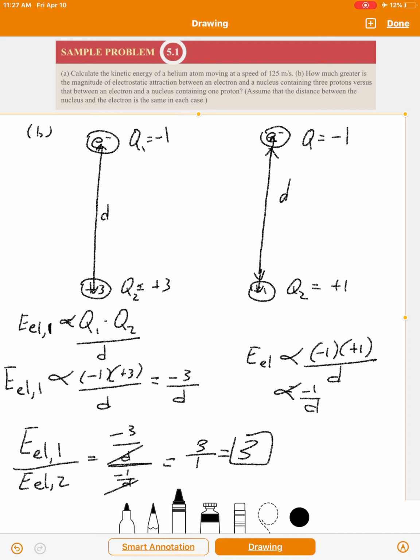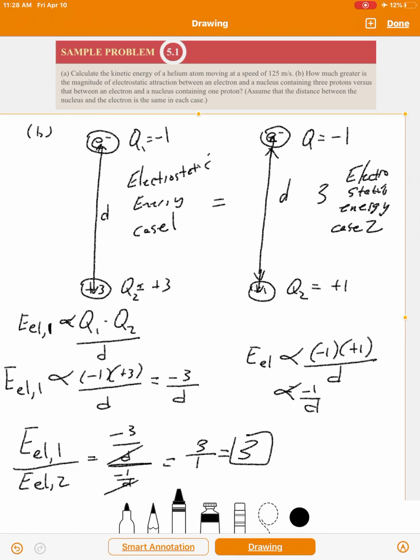In other words, the electrostatic energy for case 1 is equal to 3 times the electrostatic energy for case 2.